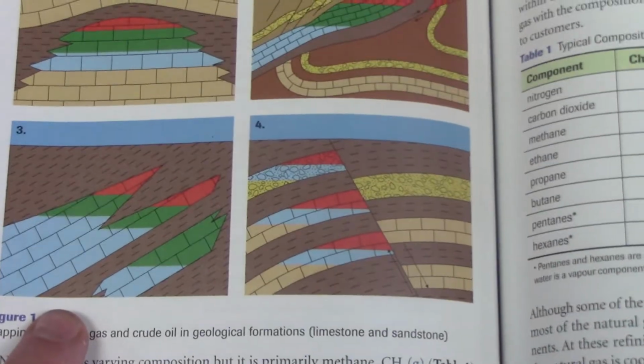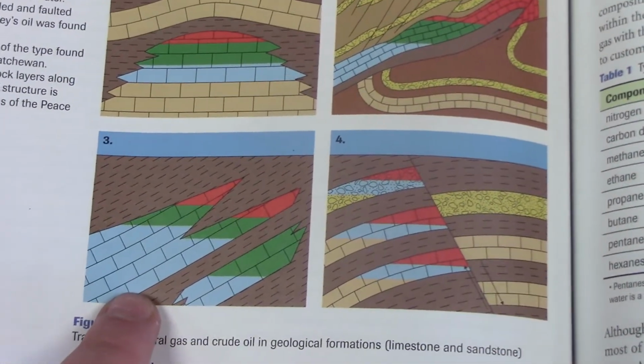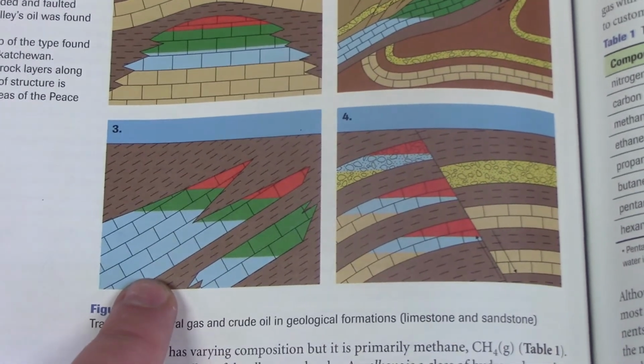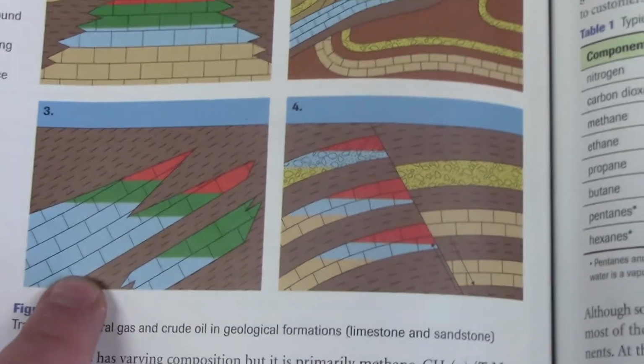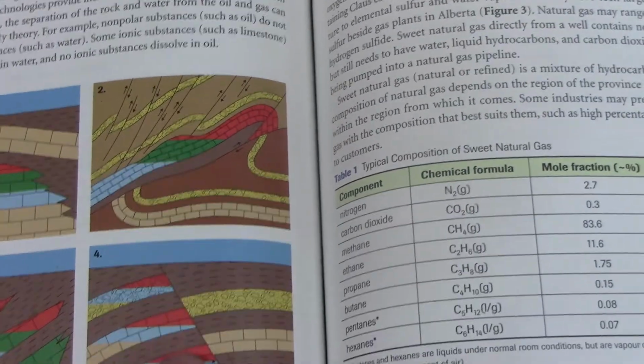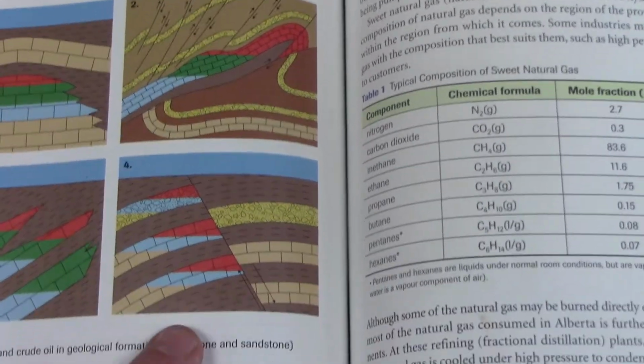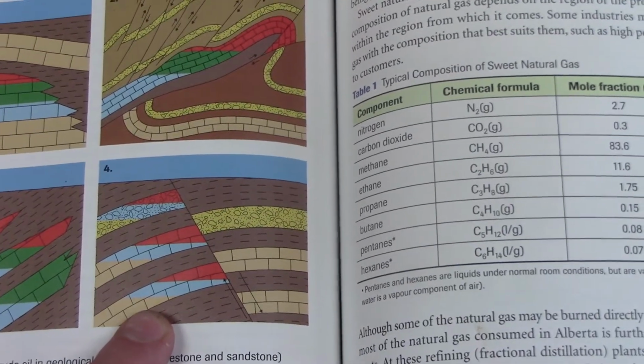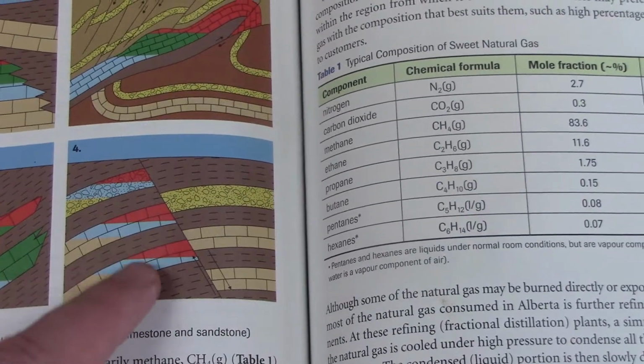This is a petroleum trap that we would find in Saskatchewan. This is a fault trap. So this is a fault line where two tectonic plates are combining, and this is a displacement trap. Okay?